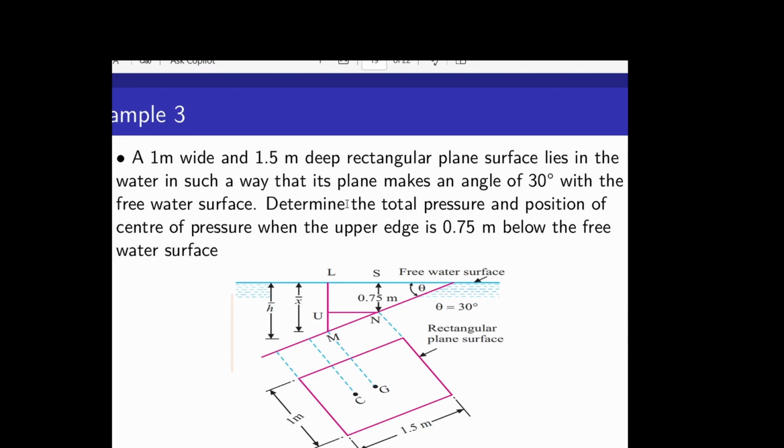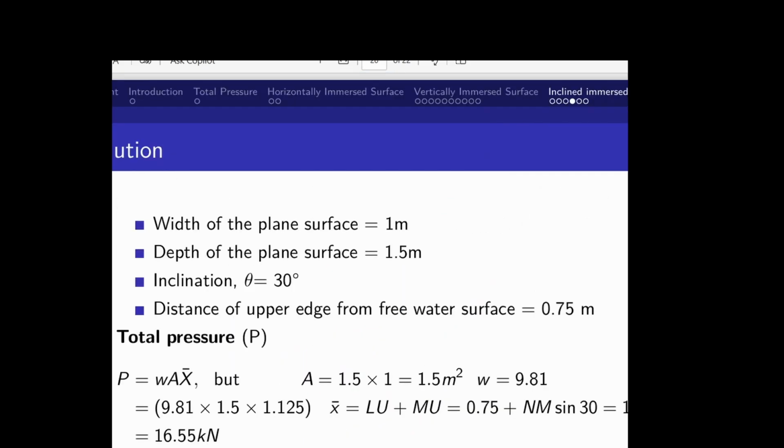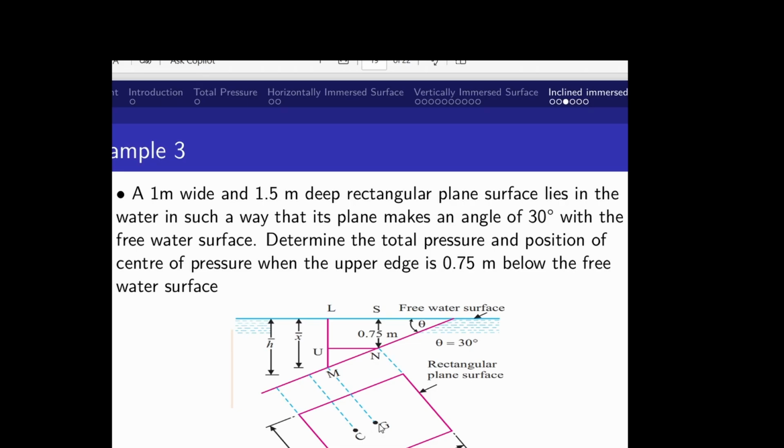So for the total pressure, you know the formula is the same. The pressure will be given by the specific weight of the liquid times the surface area of the object times the distance from the center of gravity to the surface.